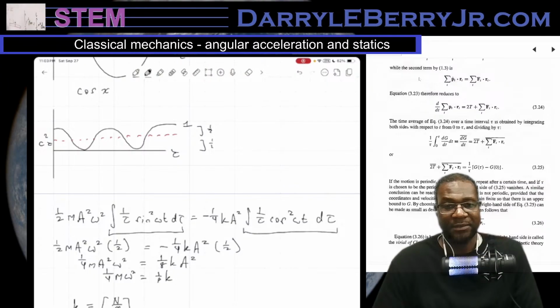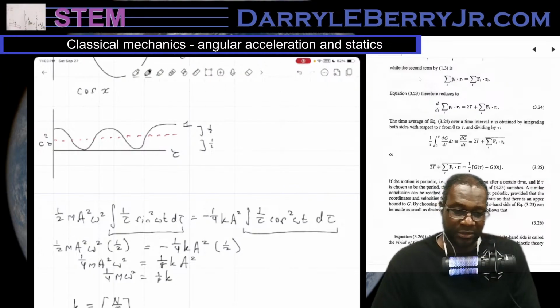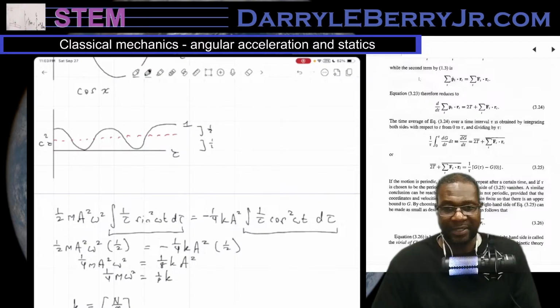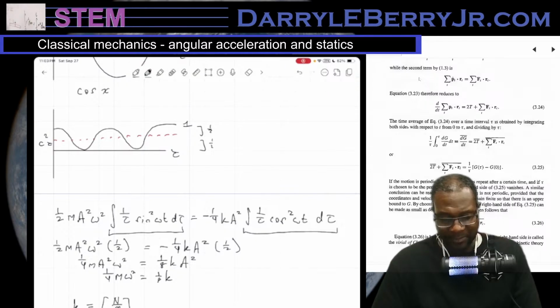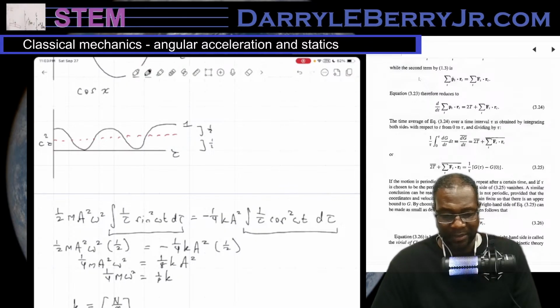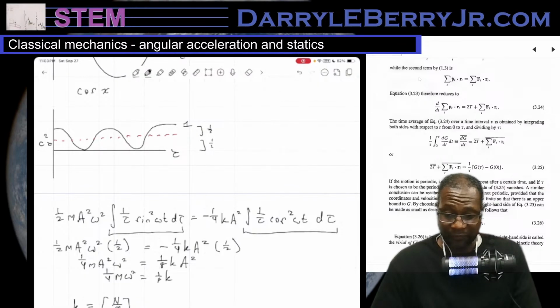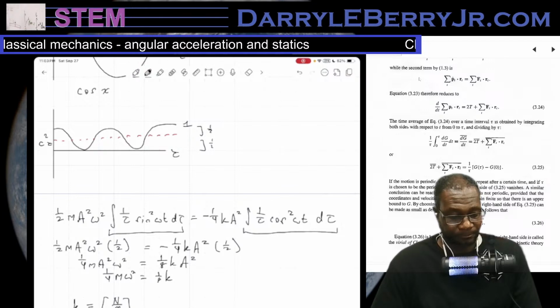Matter of fact, it might have even been the foundations exam I did. I did all right on the exam, but there's one sort of complicated angular problem I had to solve, which you all know I practiced on.